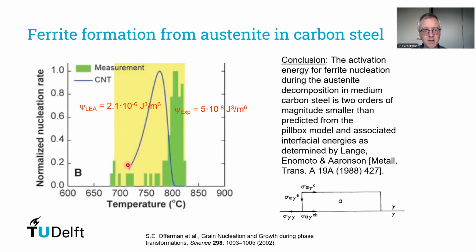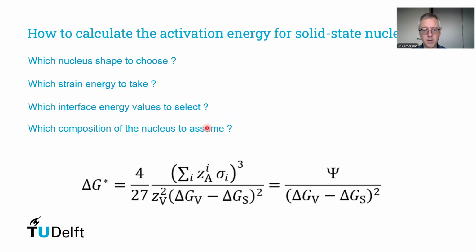So if we were to match the classical nucleation theory with our experiment, we needed to reduce the psi value by approximately 2 orders of magnitude, which also means that the activation energy for nucleation is 2 orders of magnitude smaller because they're directly proportional.